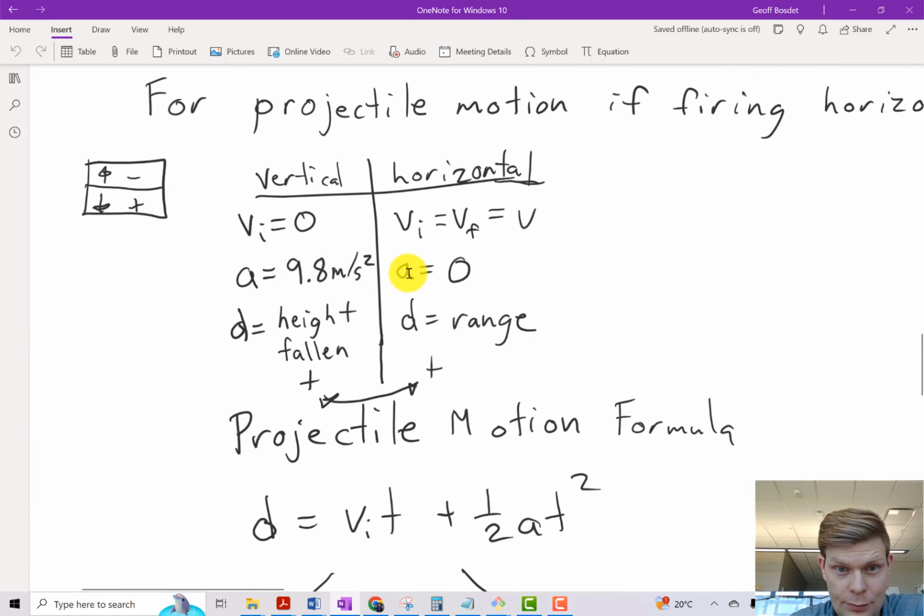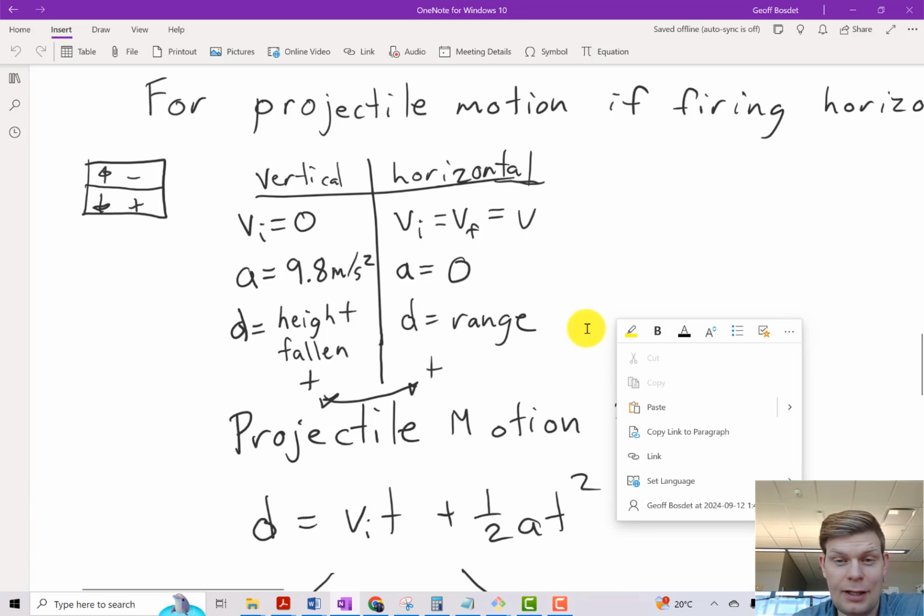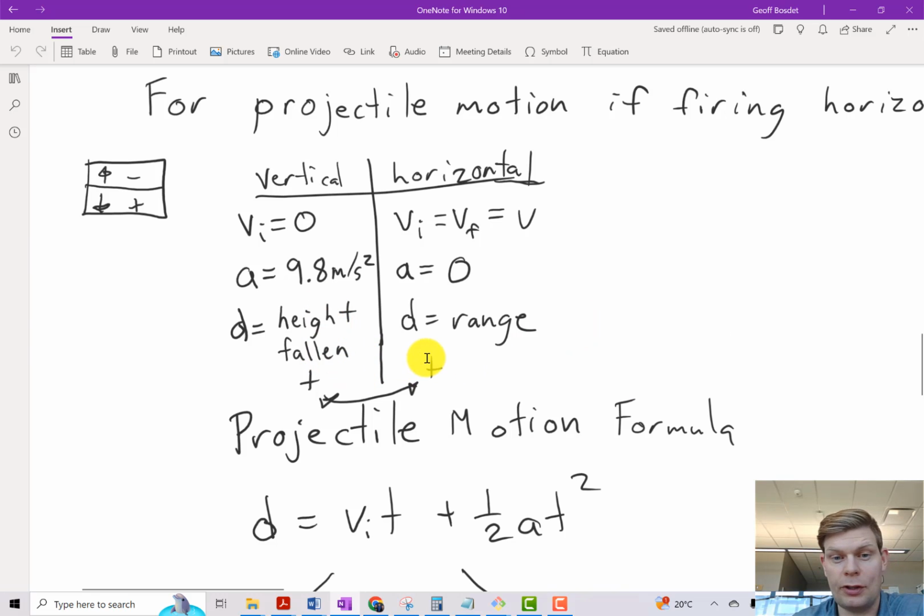Never mix them, because again, a vertical acceleration of 9.8 meters per second squared has 0 effect on any specifically horizontal variable. The one thing that can go between vertical and horizontal is time. It is not directional, and it is the same time to follow the path, whether you're looking at it vertically or horizontally.